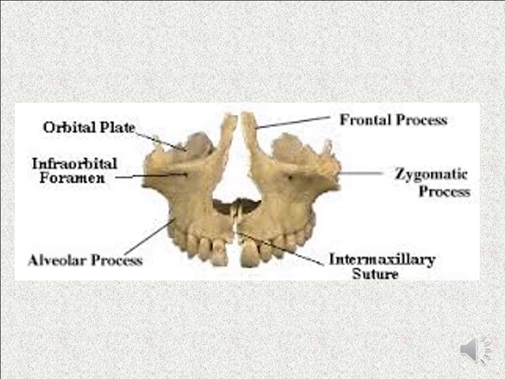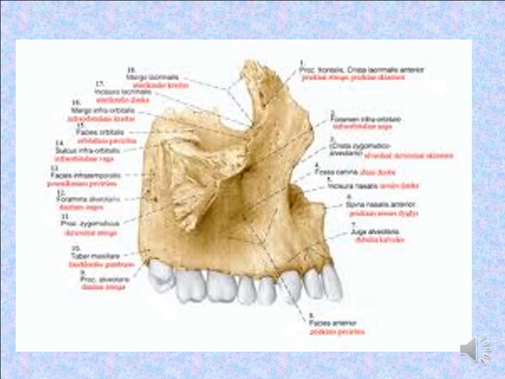This is the anatomy of the maxilla, which has the body and four processes: the frontal process, the zygomatic process, and the alveolar process. We have the infraorbital foramen, the intermaxillary suture between the two sides of the maxilla, and the orbital plate or orbital process.